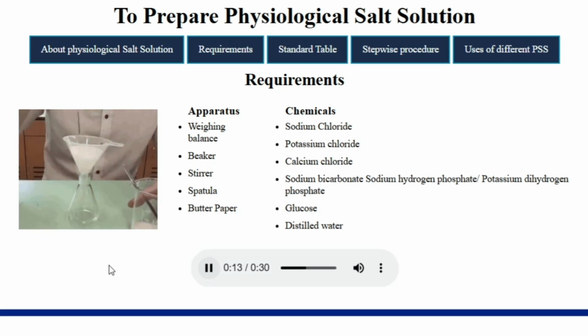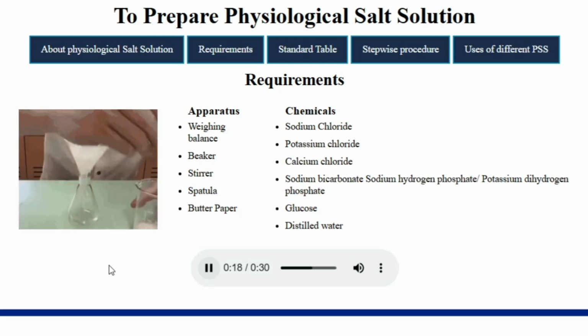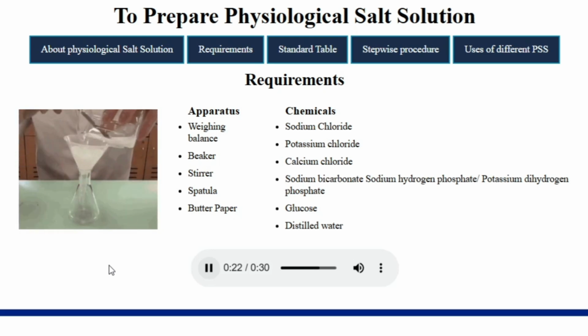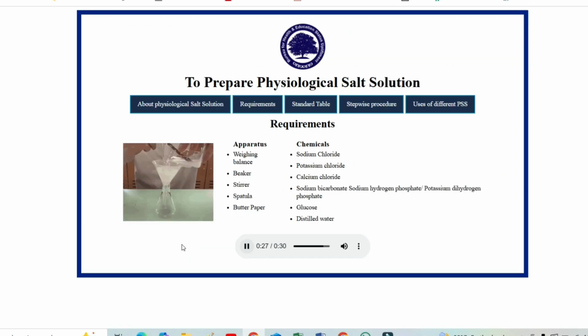Chemicals: sodium chloride, potassium chloride, calcium chloride, sodium bicarbonate, sodium hydrogen phosphate, potassium dihydrogen phosphate, glucose, distilled water. So this was the requirement.